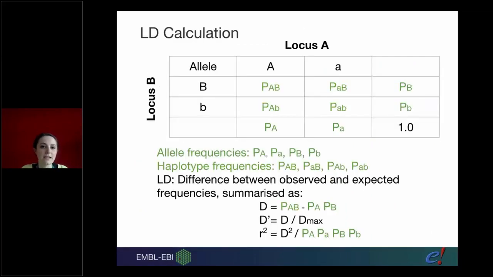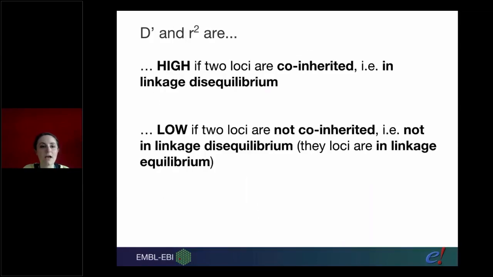You can calculate LD by looking at the frequency that you get these kind of pairings. And it's calculated as the difference between the observed frequency and the expected frequency of all of these different haplotypes. And you get two calculations out of this, D prime and R squared.